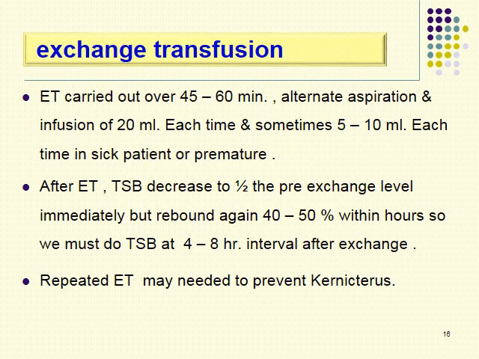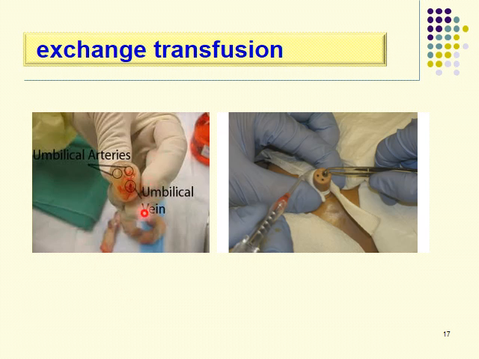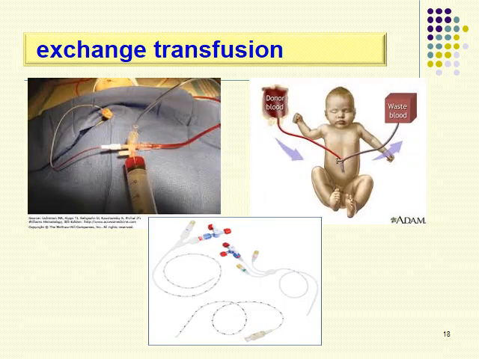This is the umbilical cord, this is the artery, and this is the vein. And this is also another picture. This is the umbilical vein, and it is connected with a 3-way valve that can turn the blood.